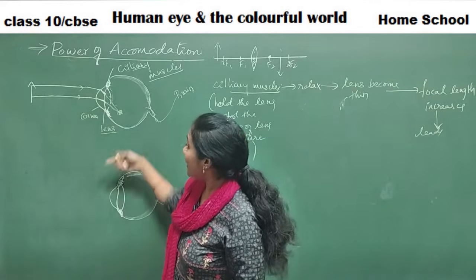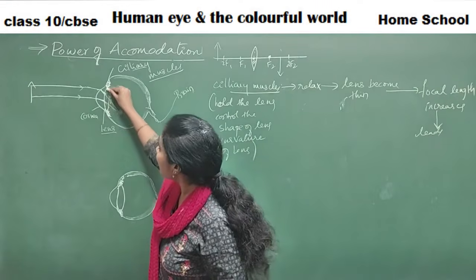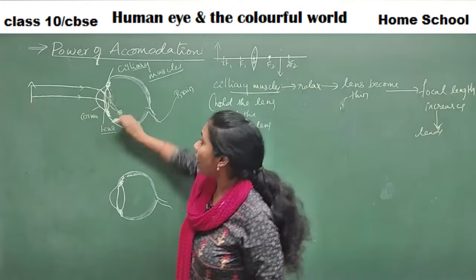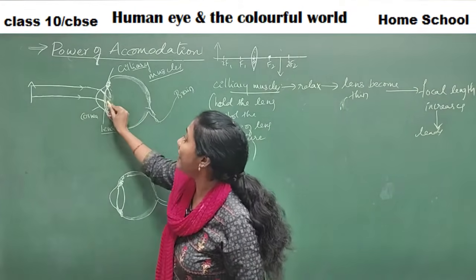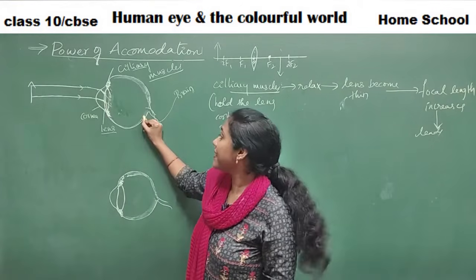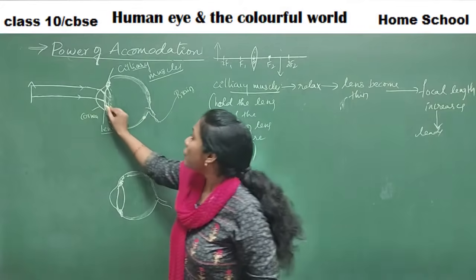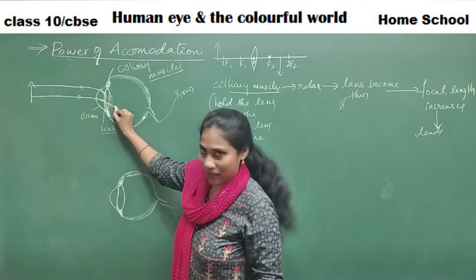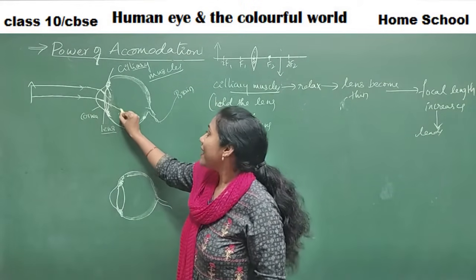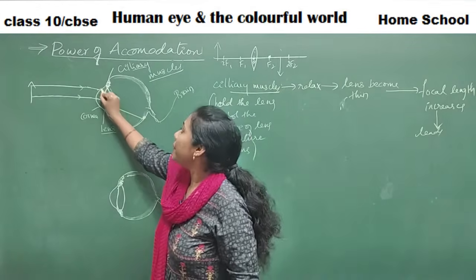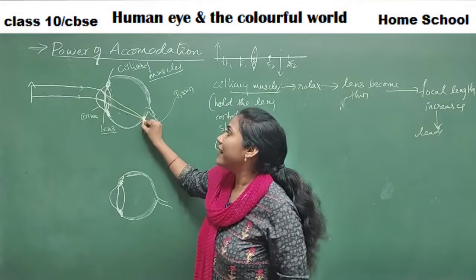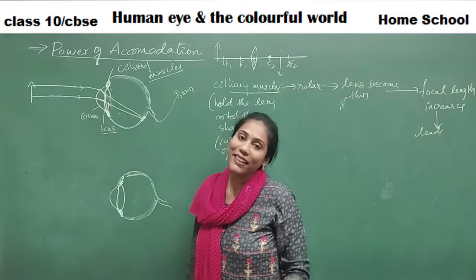The lens automatically becomes very thin, guys. So automatically the focal length of the lens increases. Maybe the focus point would have moved onto the retina. Now the refracted rays travel and try to meet on the retina. So the image is formed on the retina.